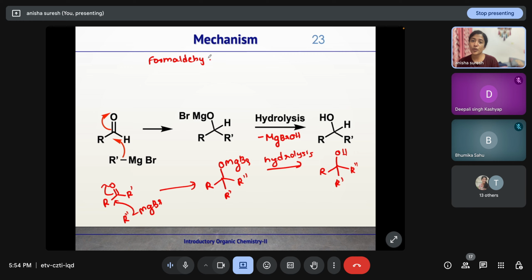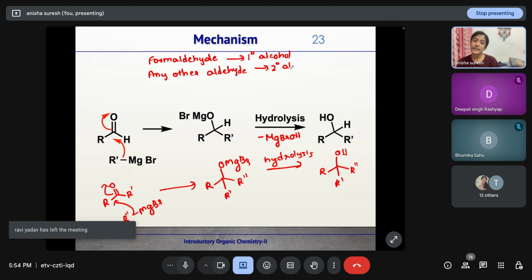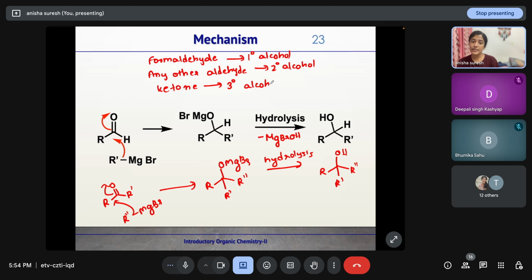So formaldehyde will result in the formation of primary alcohol, any other aldehyde will result in the formation of secondary alcohol, and if a ketone is present, it will lead to the formation of tertiary alcohol. Okay.